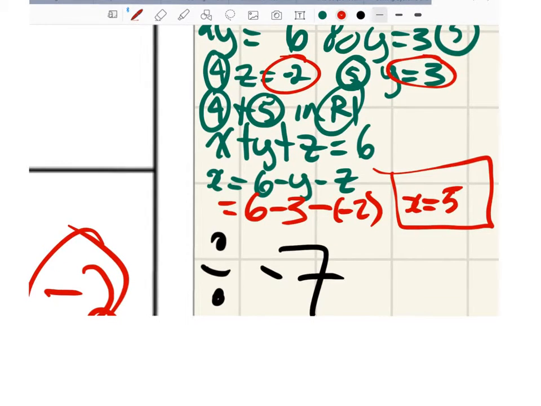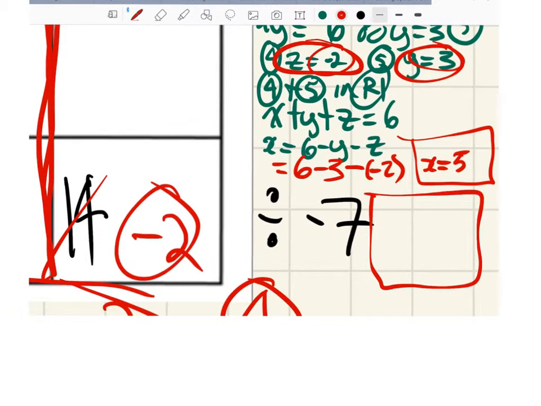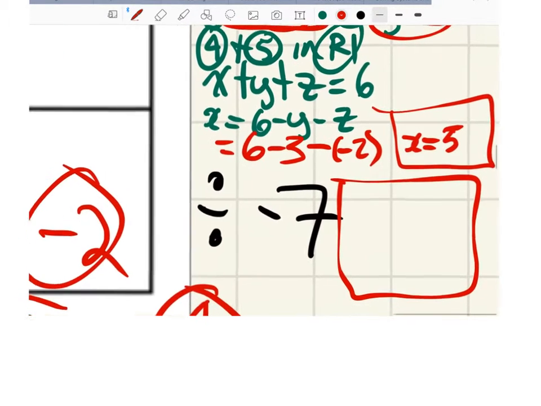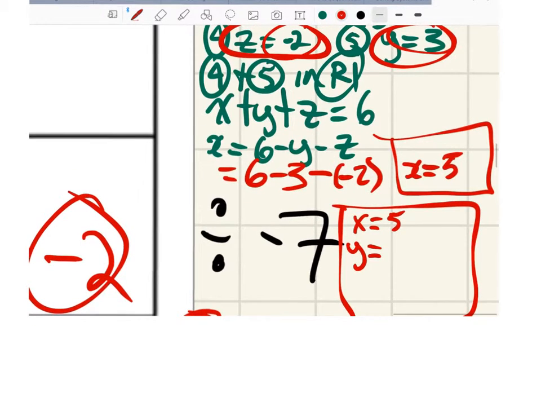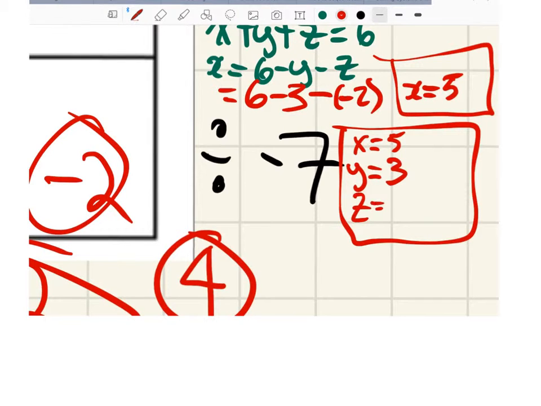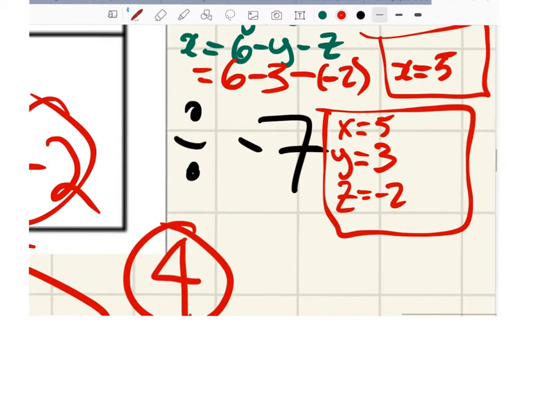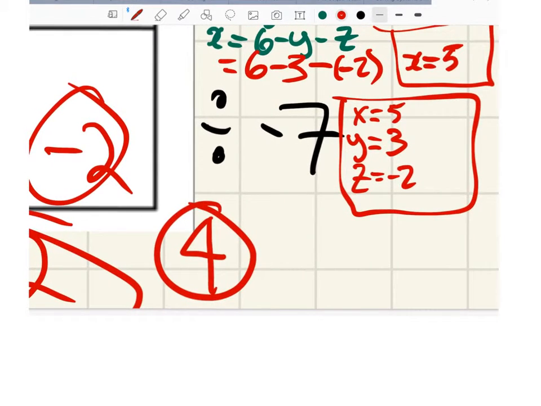Okay, so now we have a solution, and it is in fact a single point. So our solution is, I'm just going to write it here, x equals 5, y equals 3, and z equals negative 2. So that would mean that those 3 planes intersect at one point, a single point, and that's the location right there of the point of intersection.